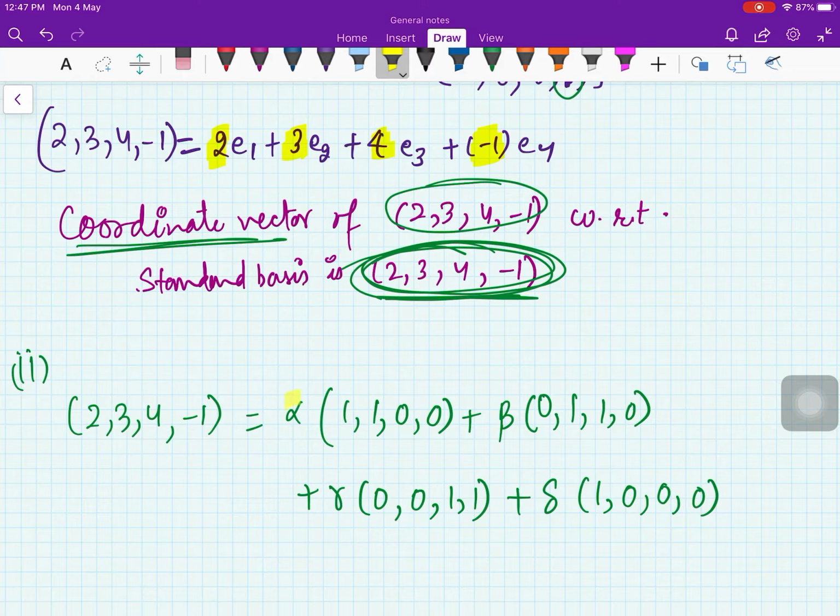So we are looking for alpha, beta, gamma and delta. That will be our coordinate vector.